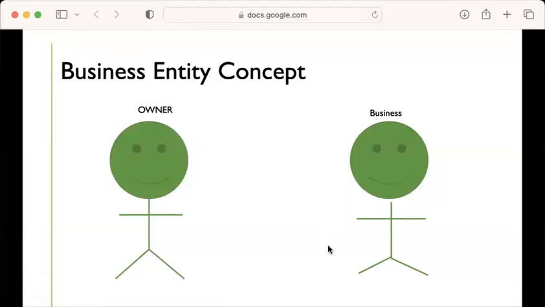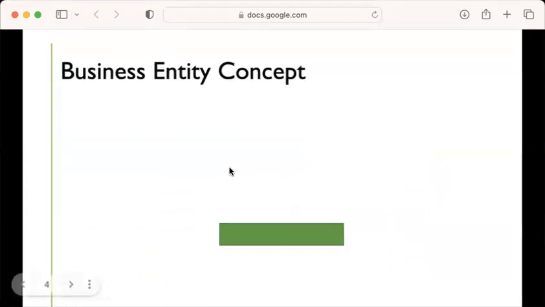We only care what happens to us as the business, right? Okay, so the business entity concept simply tries to say that the business is a separate individual separated from the personal affairs of the owner.